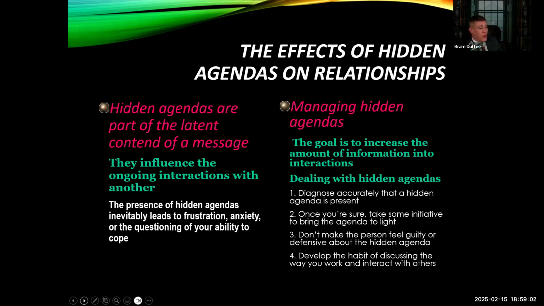But there are always ways to manage these kinds of things effectively. And the first step is identifying when there is one that exists. So you kind of have to ask yourself, are there inconsistencies in what's being said and how it's being said? And then you ask yourself something like, why does this feel off? How does this conversation feel stuck? How does this feel evasive?